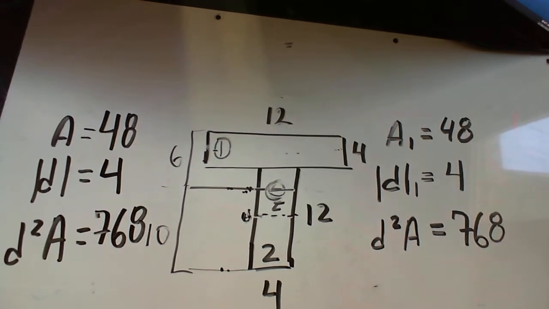So I'm going to erase some of this so that we have some space to work with, but that's still the shape that you have. So if you are taking notes, you'll be fine. If you're not, you might want to pause the video here and write down the information that you see, because this information is not going to be on screen when I go into my next part.